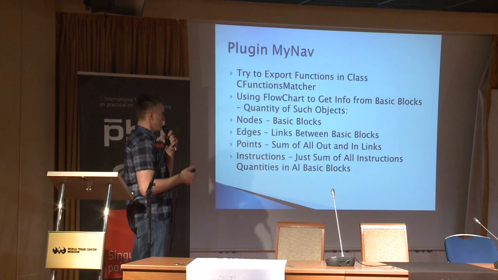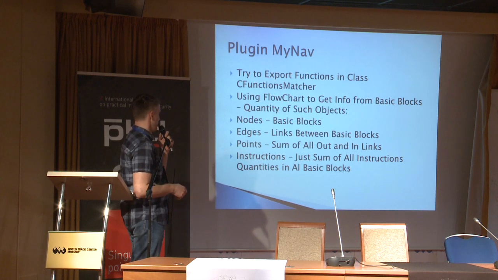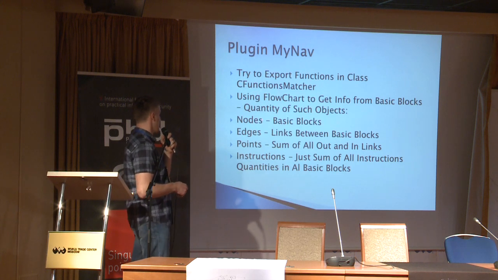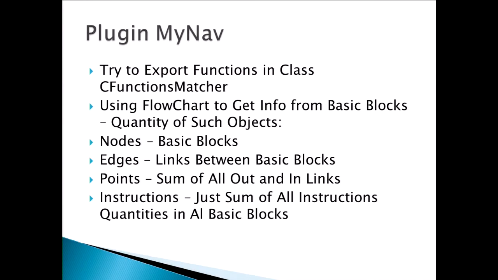It collects this class and uses a flowchart for it, and from the basic blocks collects a certain quantity of these objects. This is its internal name, as it's called in the script, and these nodes are basic blocks.